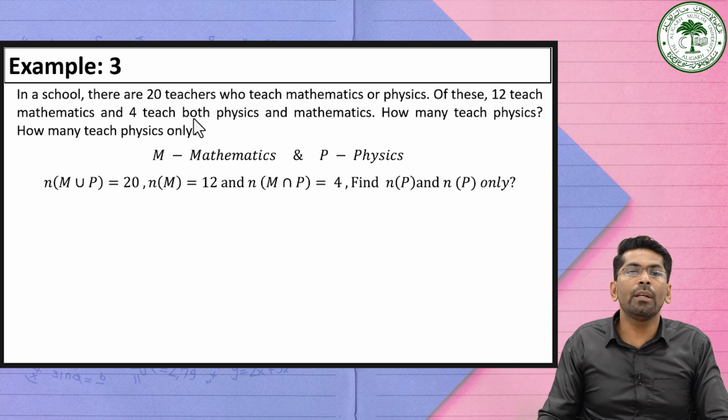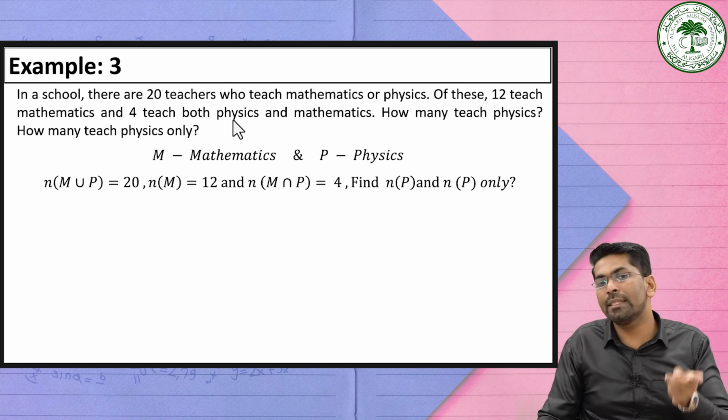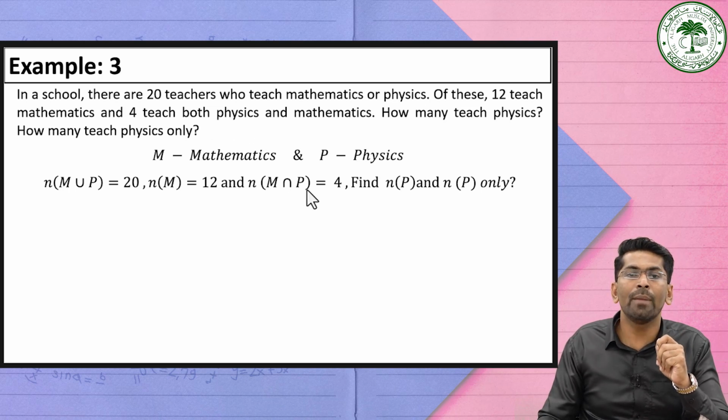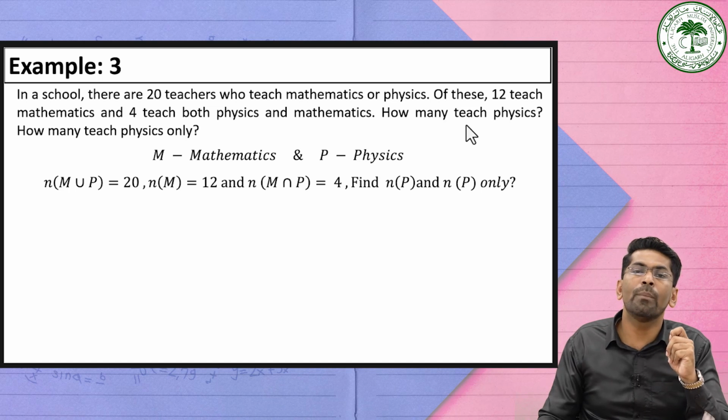Then 4 teach both physics and mathematics, so it becomes the intersection of the teachers who teach physics and mathematics. So the number of elements in M intersection P is equal to 4. We want to find the number of teachers who teach physics, and the number of teachers who teach physics only.